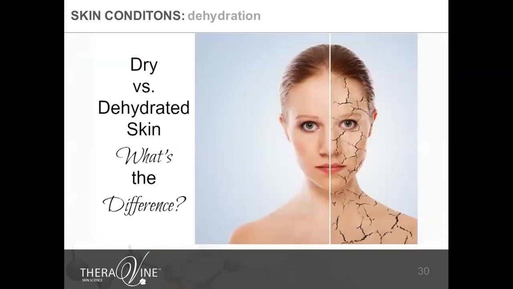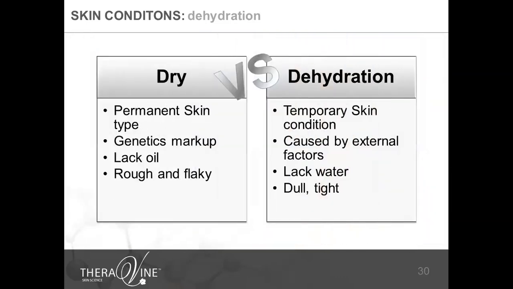Then with dehydration, let's have a look at the difference between a dehydrated and a dry skin. A dry skin is a permanent dry skin. Usually they're born with a dry skin, they have it through their teenage years, and when they get older, it's genetic.